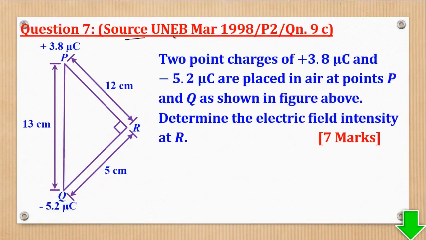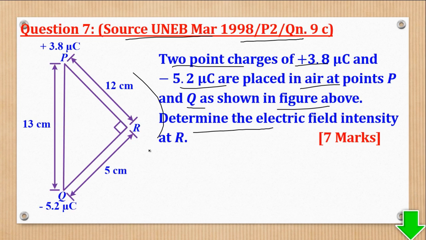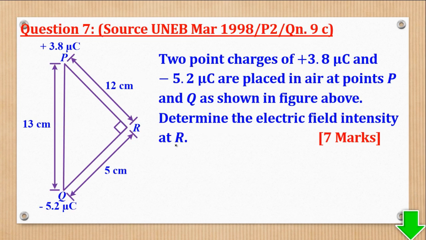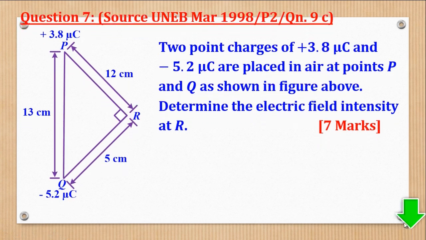Then question 7 came from UNEB, March 1998, paper 2, question 9C, and says two point charges, this and this, are placed in air, that is free space, at points P and Q, as shown in the figure above. Determine the electric field intensity at R. Like we have always done, we have to redraw the diagram.